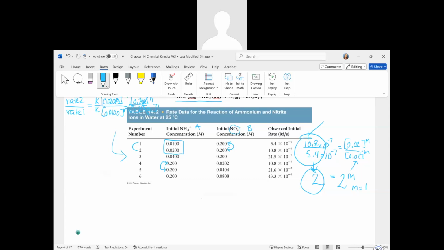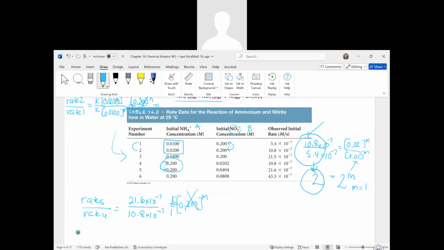And we can see if we did that, we could take the rate of 5 divided by the rate of 4, and that would be 21.6 times 10 to the negative 7 over 10.8 times 10 to the negative 7. And again, reactant A is held constant, so this over top of itself would cancel out and just turn into 1.